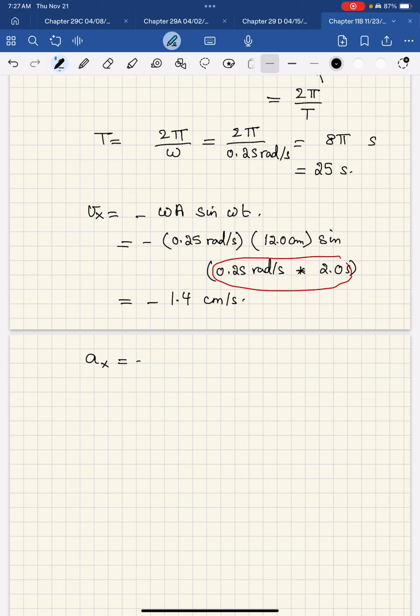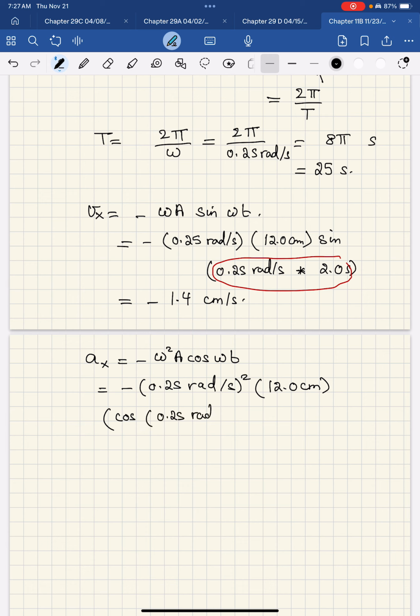Ax is going to be negative omega squared A cosine omega t, and that will be negative 0.25 radians per second squared, 12 centimeters, and then cosine of 0.25 radians per second times 2 seconds. Again, this one should be in radians, and that is negative 0.66 centimeters per second squared.